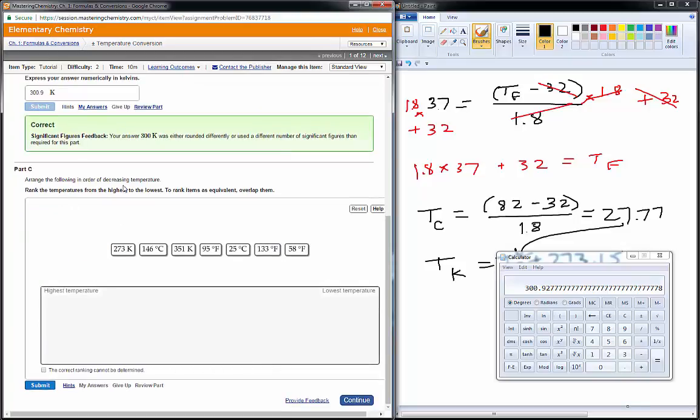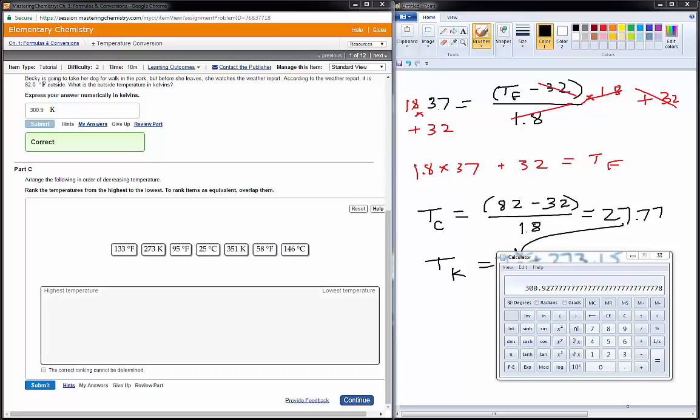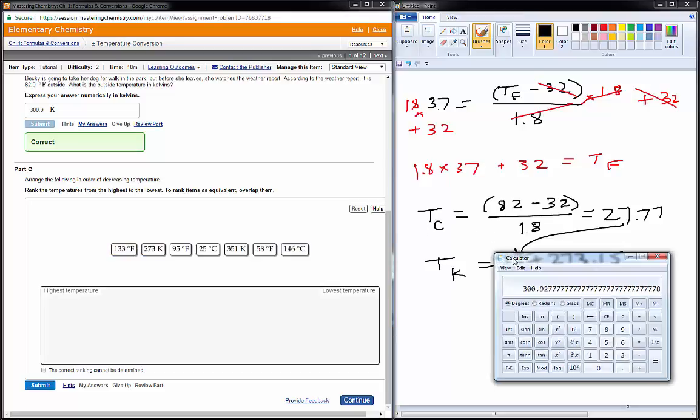Now they want us to arrange these in order of decreasing temperature, and it's going to help if we can convert these all to the same thing. So let's convert them all to Celsius, because we have something that'll get us from Kelvin to Celsius, and we have a formula that'll take us from Fahrenheit to Celsius. Starting with the first one, 133F: 133F minus 32 divided by 1.8 gives us a temperature of 56 degrees Celsius.